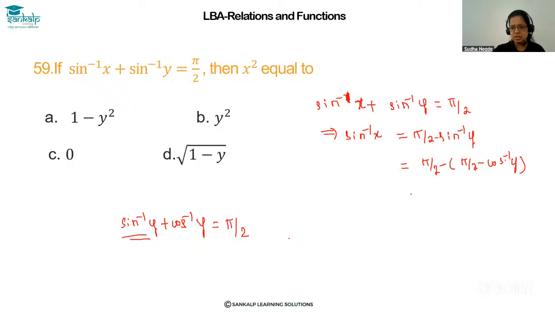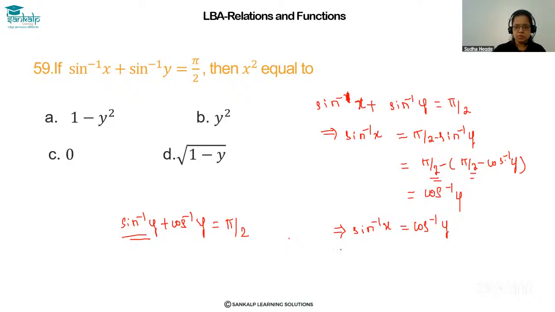Now this is equal to cos inverse y. Are you getting? Because this pi by 2 minus this pi by 2 cancels. Minus cos inverse y into minus, so it is plus. Got it? So this implies sine inverse x is equal to cos inverse y.